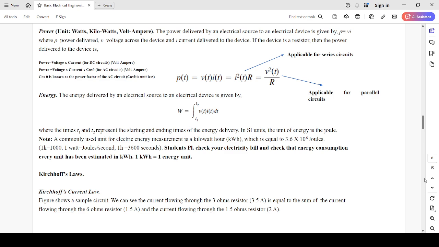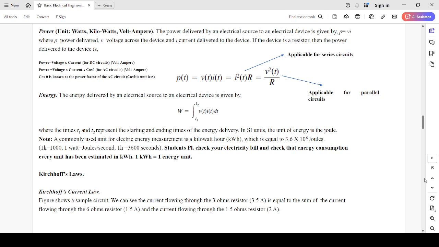You can see here the energy is estimated by the product of power into time, where power is calculated by the product of voltage and current, and time is indicated by dt. The SI unit of energy is joules.